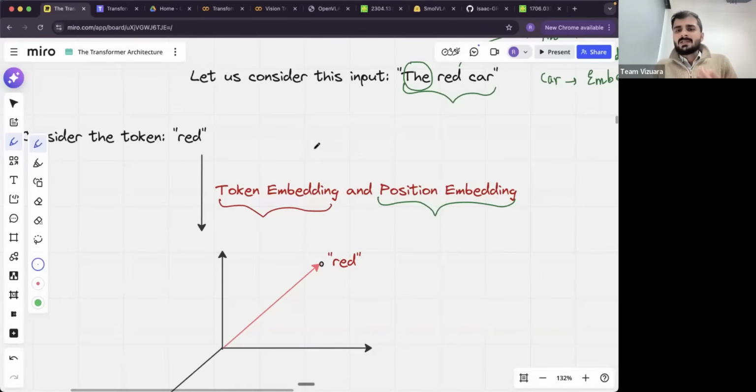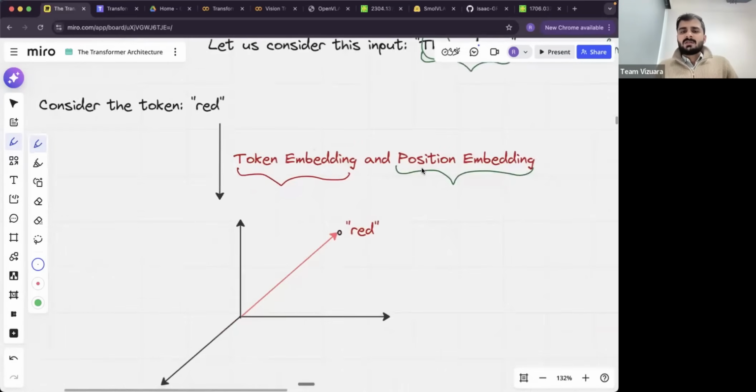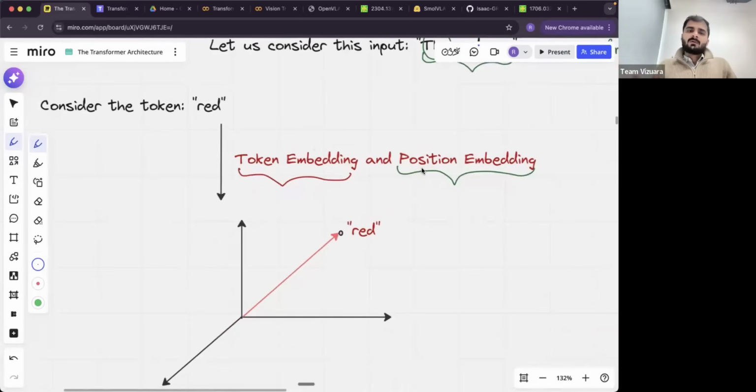Token embedding captures the semantic information or the meaning of the word in a vectorial form, and position embedding captures where this token lies in the entire sequence. Does it lie in position 0, 1, 2, 3, etc.? That is what it captures. So the first input to the transformer encoder is the token embedding plus the positional embedding, and together it is also called the input embedding.